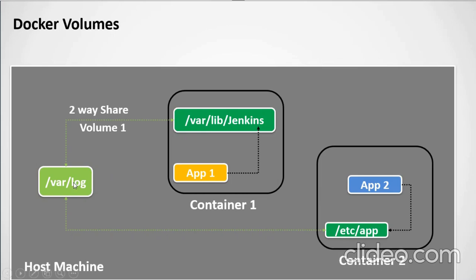Now this will be visible to this folder, and anything visible in this folder is also visible in this folder. So if I go to this directory in the second container, the same file will be accessible. So that is where, if you want to share something between two containers, it is done by using volumes, so that you will have the same volume mapped between two containers.